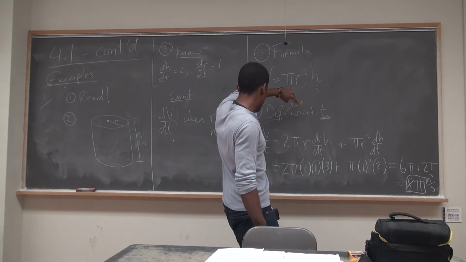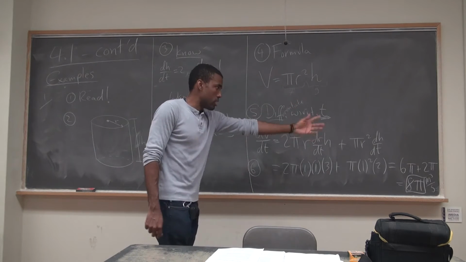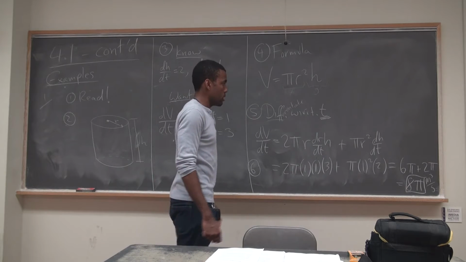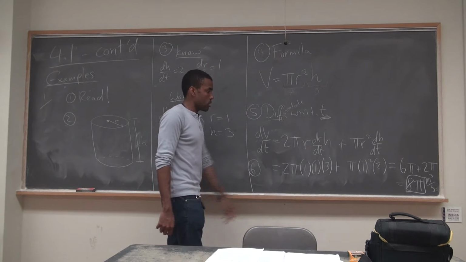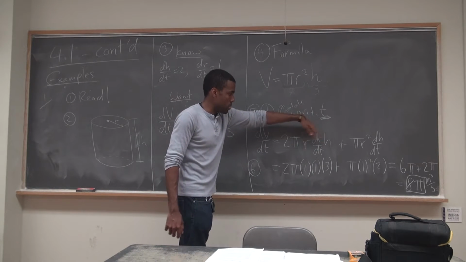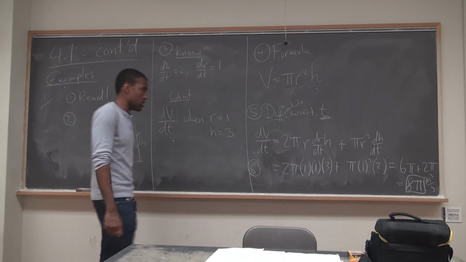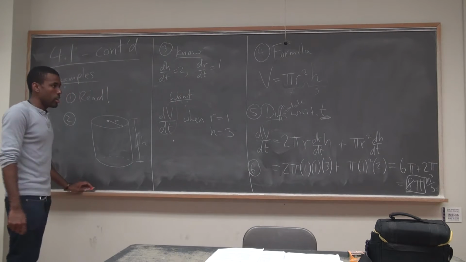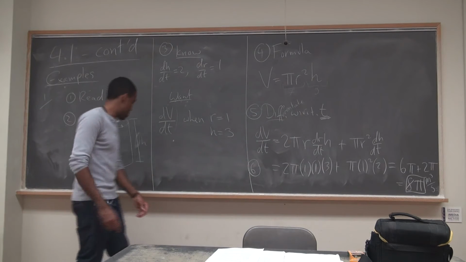We have a bunch of meters and you can keep track that way. Here you have a meter squared and a meter, and that gives you meters cubed. So that is meters cubed per second, and this is meters cubed per second. So you can keep track of the units to make sure things are working out. Once you set this up correctly, it should work out.